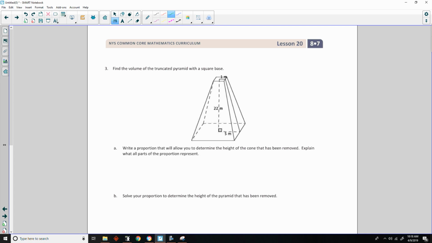It was a square pyramid, and when they truncated it, now they've got this square pyramid truncated.